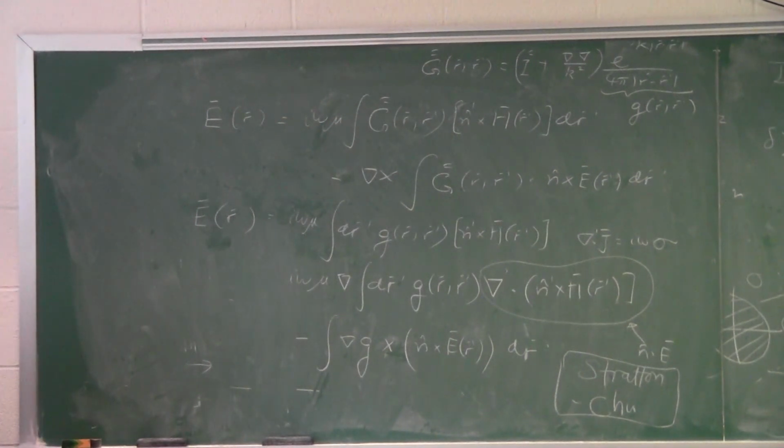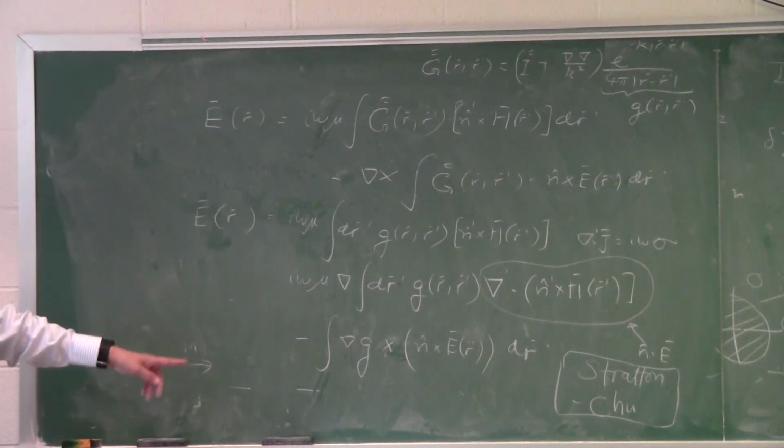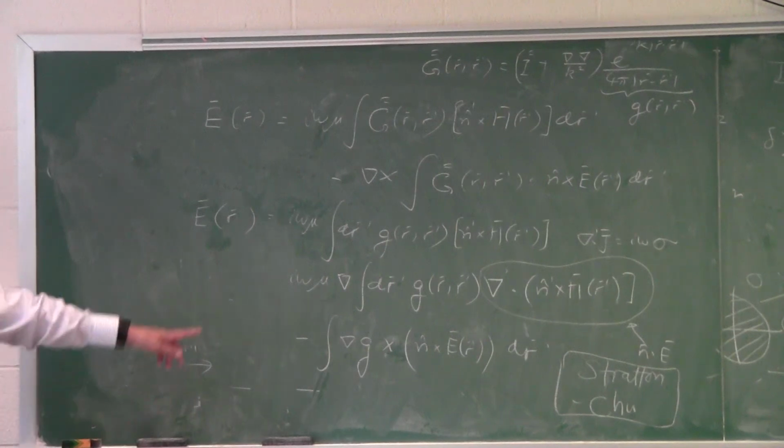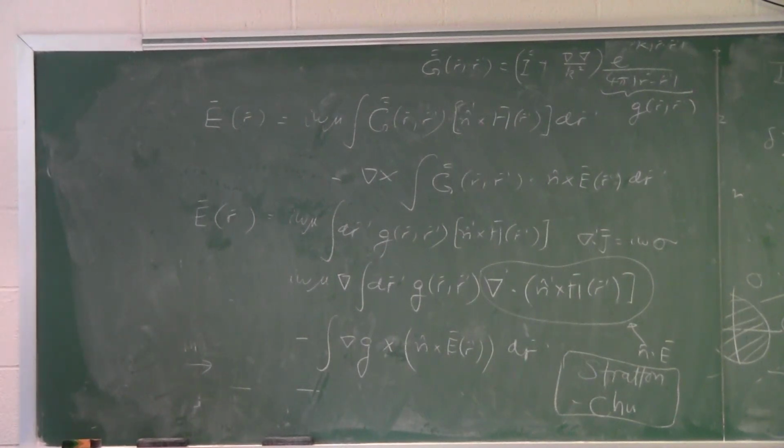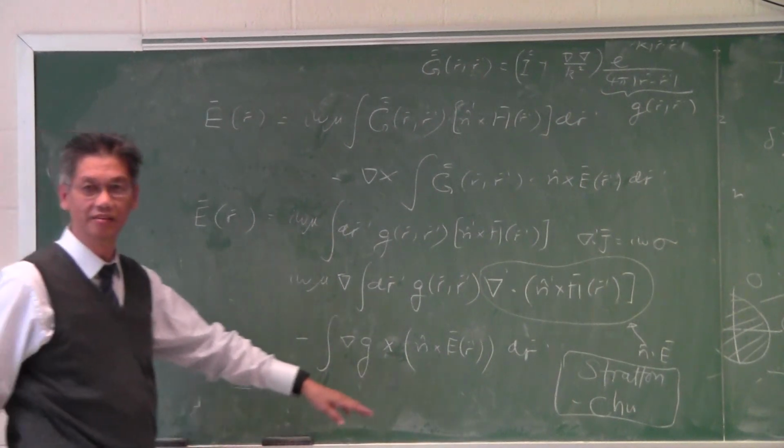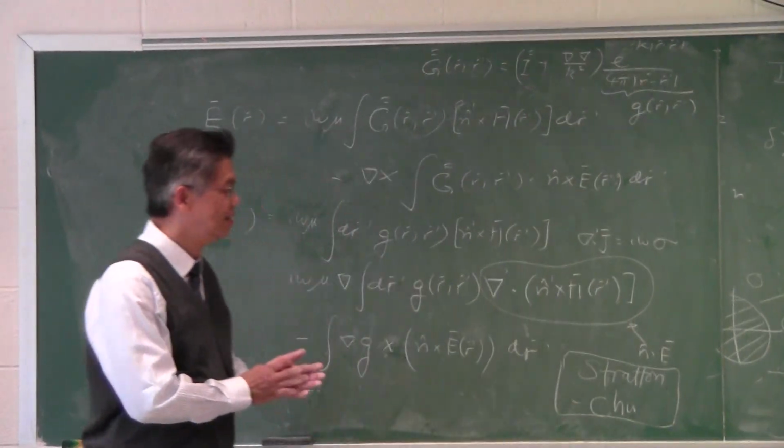He wrote this electromagnetic theory book in the 1940s. Lan Jen Chu was a professor at MIT before my time. Okay, so it's not my Chu. Okay, it's different. Okay, he's also quite famous. So when you look at Stratton Chu formula, it also has something like this.